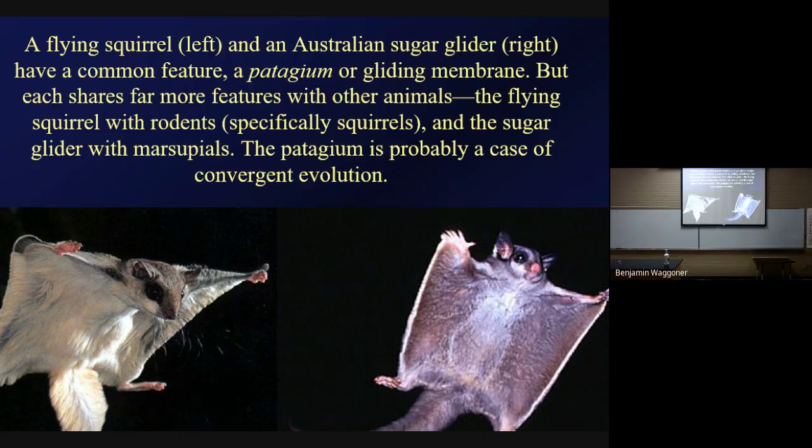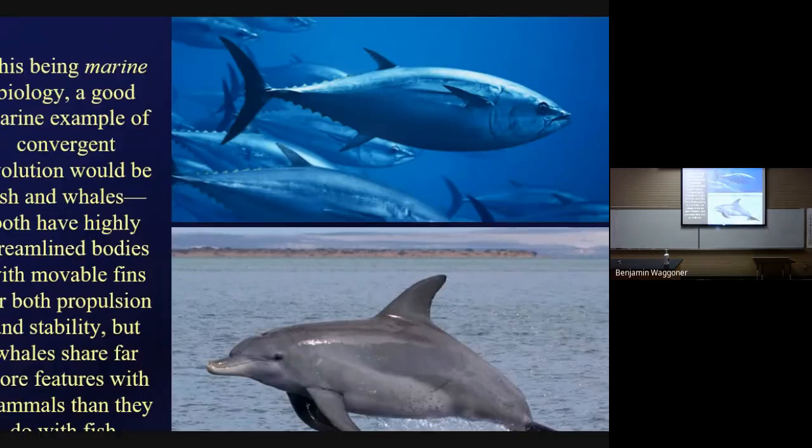Okay, this being marine biology, a very good marine example of convergent evolution would be whales and fish. Up there on the top, that's a bluefin tuna. Down there on the bottom, of course, that's a dolphin. And they've both got highly streamlined bodies. Next week, we'll look a little bit at engineering and at what sort of bodies are most efficient at swimming with a minimum amount of drag.